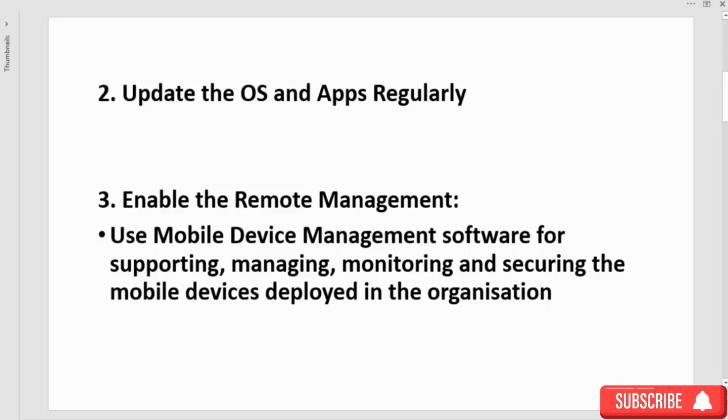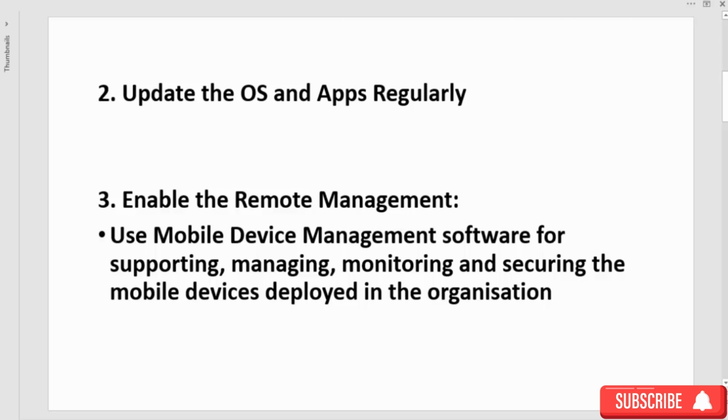The next important mobile security guideline is always update the operating system and apps regularly. Because your operating system and the apps which you are using will definitely release updates from time to time. So always remember to update your OS and apps regularly. Also, turn on the Play Protect feature in your Google Play Store.